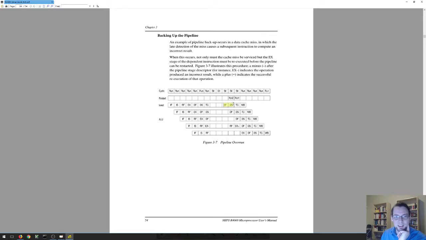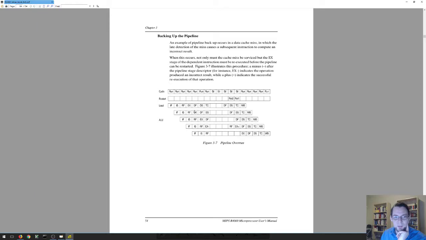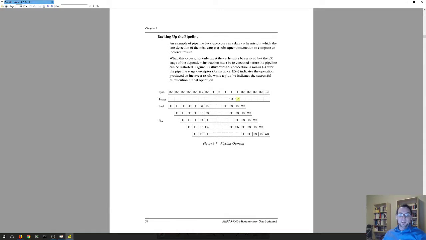It goes to data first, data second again, priming the pump. This here is like a countdown: restart in 2 cycles, restart in 1 cycle, where it just has to put instructions back in the pipeline again, because everything here has to back up by 2 cycles. We just have to re-execute part of these instructions again, because when we executed them the first time, we just passed garbage through the pipeline.